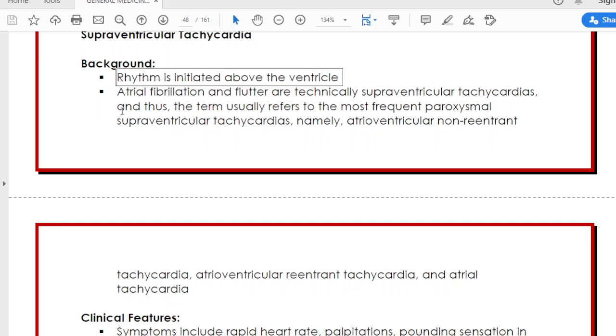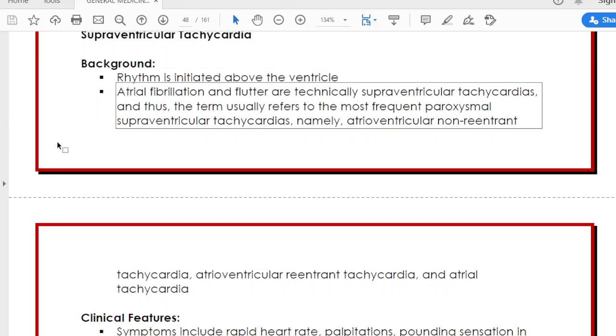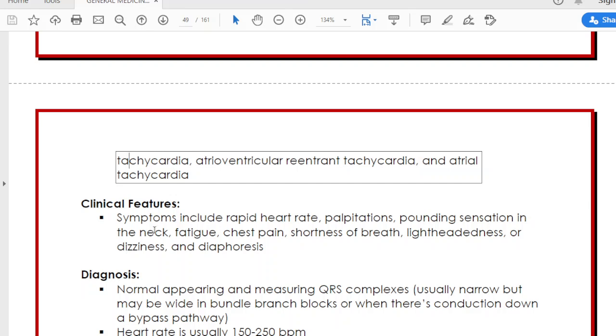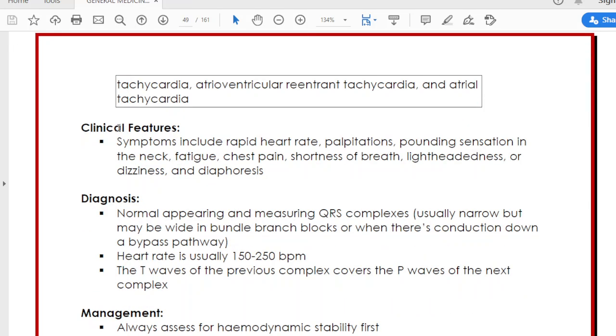Rhythm is initiated above the ventricle. Atrial fibrillation and flutter are technically supraventricular tachycardias, and thus, the term usually refers to the most frequent paroxysmal supraventricular tachycardias, namely, atrioventricular non-reentrant tachycardia, atrioventricular reentrant tachycardia, and atrial tachycardia.